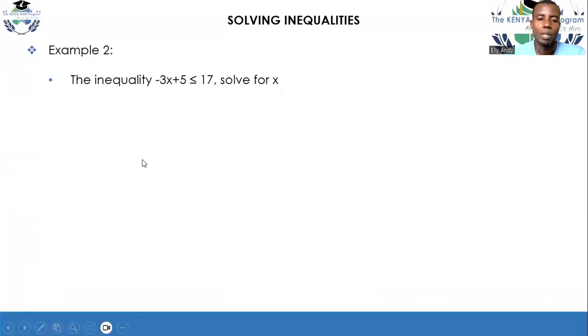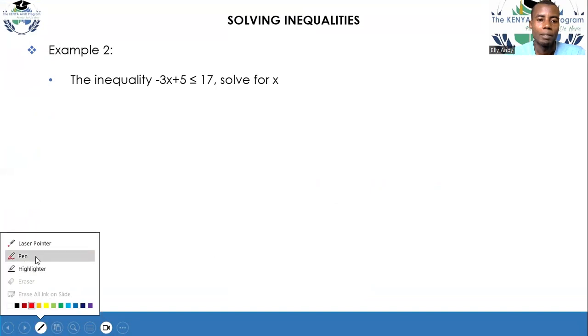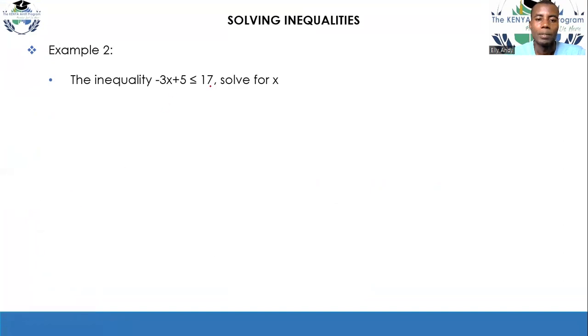Let's look at another problem. In this case, we have the inequality, this one, and we are asked to solve for x. So we have -3x plus 5 less than or equal to 17, and we want to solve for x. The first thing is to simplify this inequality.